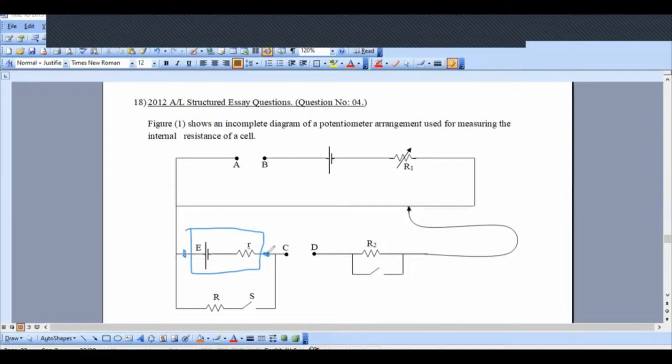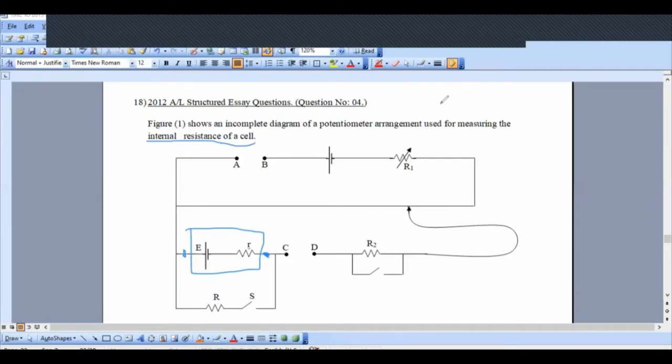There is also a resistance between the positive and negative terminals. The resistance of the chemicals, the resistance between the positive and negative terminals of a battery, is said to be the internal resistance of the cell. That's what we are going to find.